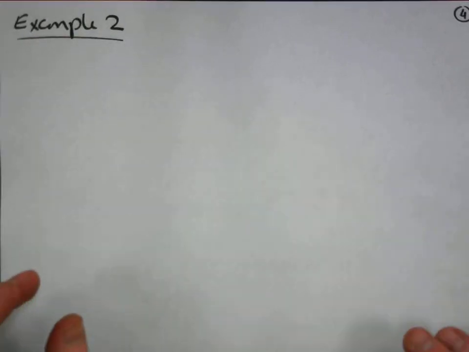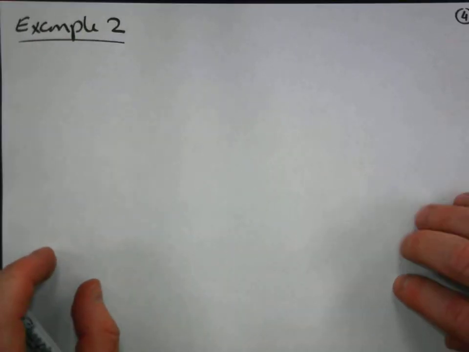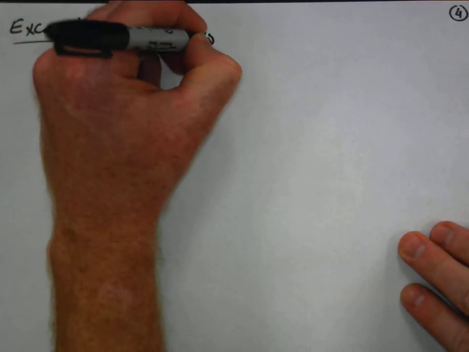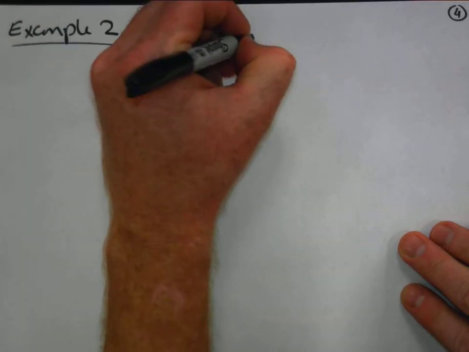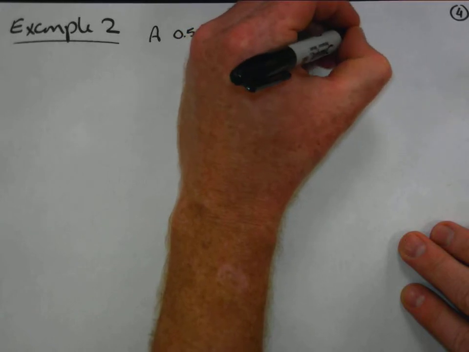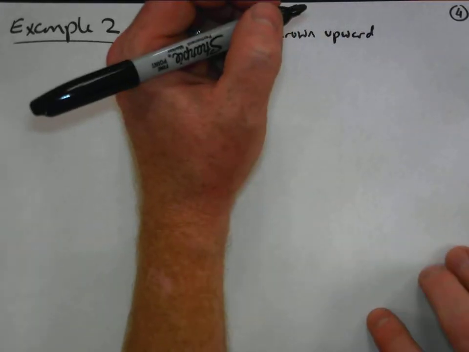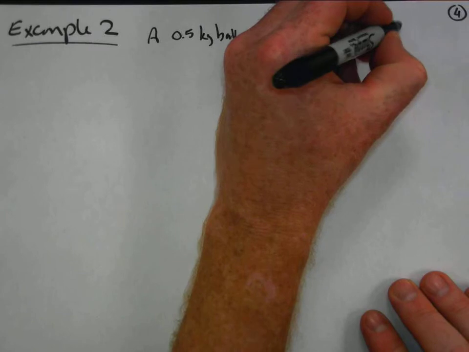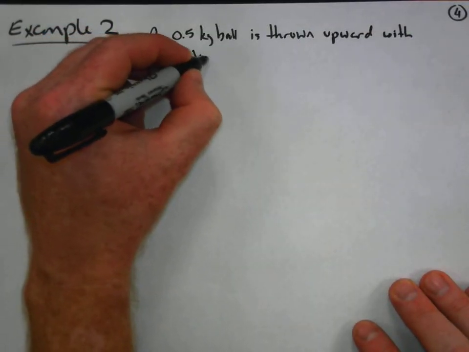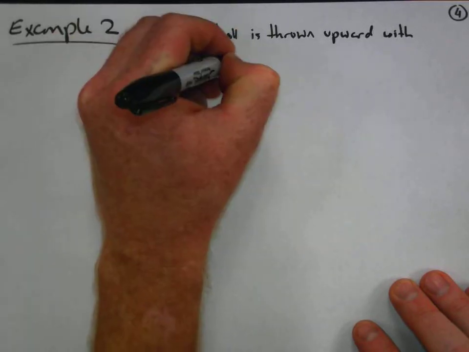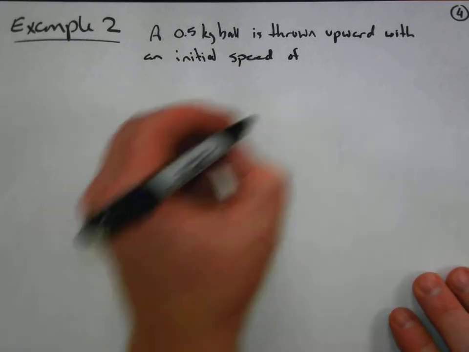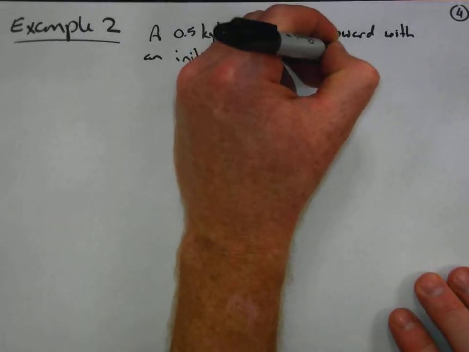Here we go. So we're going to have a 0.5 kilogram ball that is thrown upward with an initial speed of 2 meters per second.